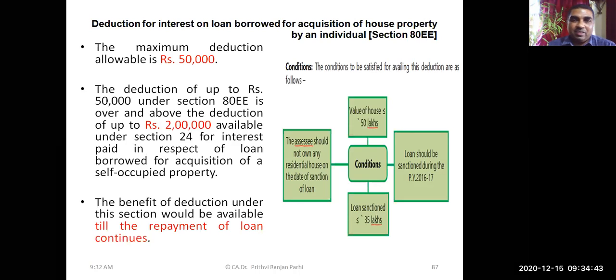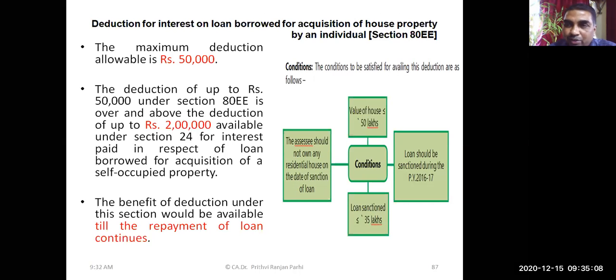Okay, this is again a little new section: deduction for interest on loan borrowed for acquisition of a house property by an individual. Here, maximum deduction up to 50,000 is allowed under section 80EE. This is over and above the deduction up to 2 lakh rupees available under section 24.